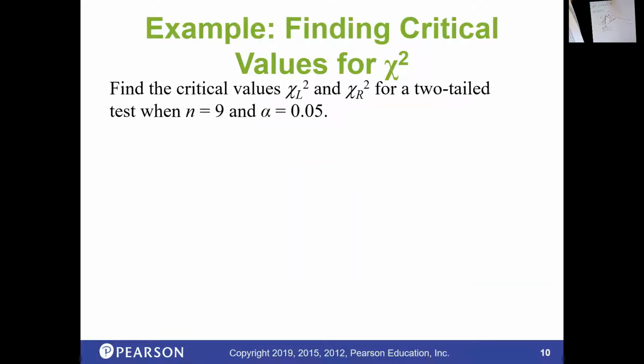Now, naturally, if we've done left and right, let's look at a two-tailed test. So this time we're going to have chi-squared left and chi-squared right. N equals 9. Alpha is 0.05.